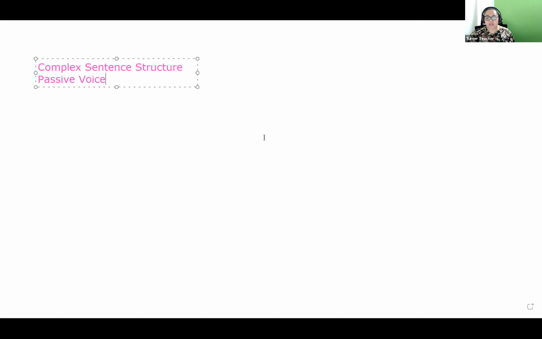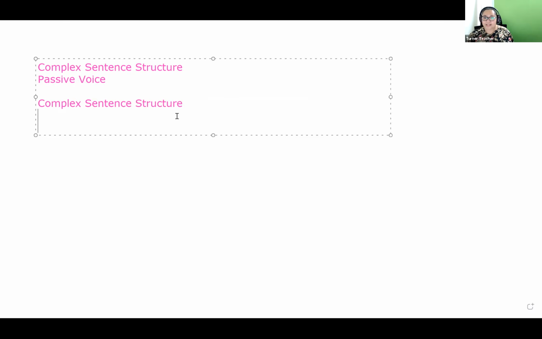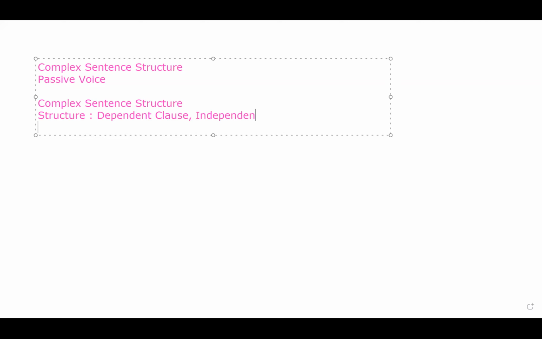Can anybody tell Miss May what a complex sentence structure is? A complex sentence structure is a combination of clauses, correct? Yeah, it's a combination of two clauses. One is what we call the dependent clause, followed by a comma, and then we have the independent clause.